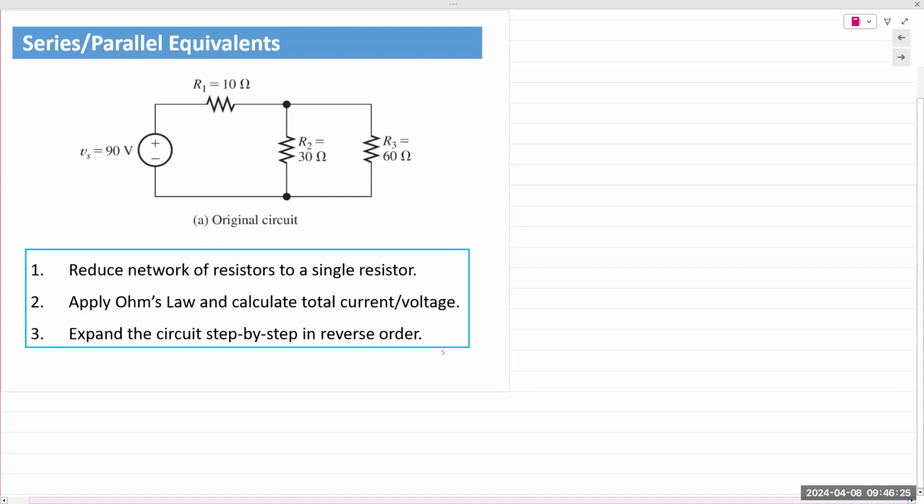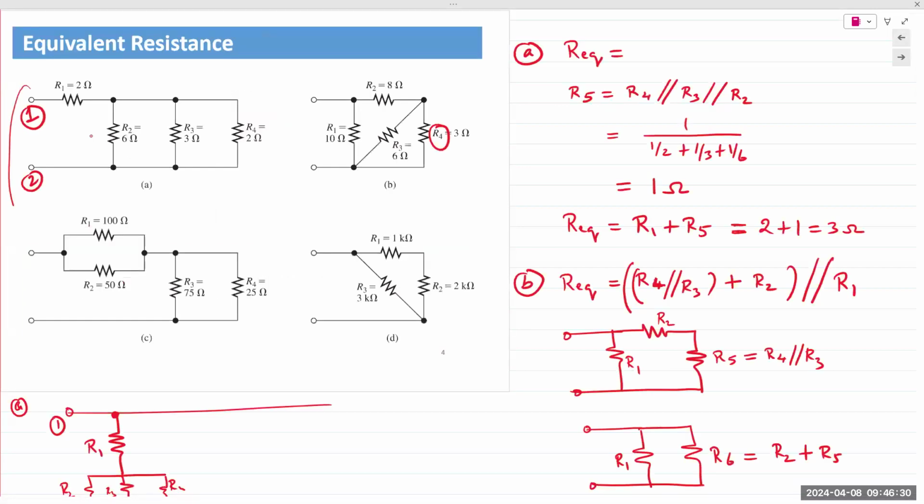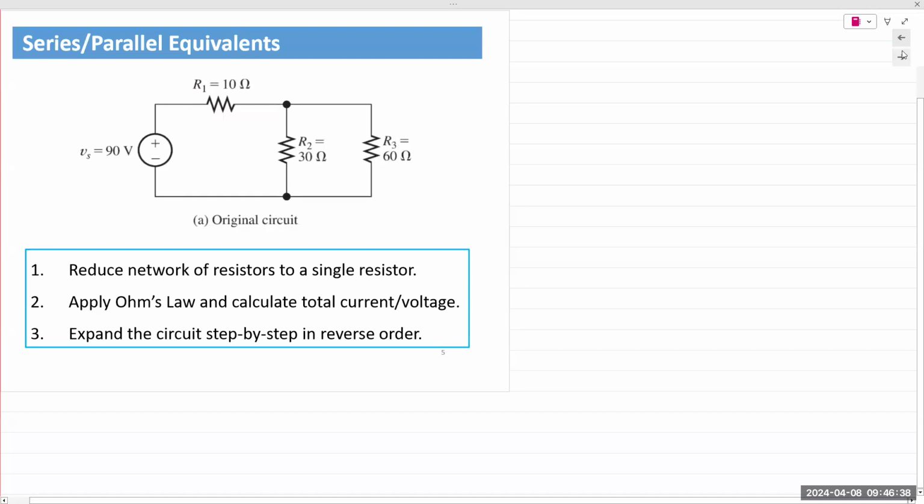So in the previous slide, we were determining Req between any two pair of terminals, right? Between a specific pair of terminals. Now, we will look at circuits where a source is already connected.